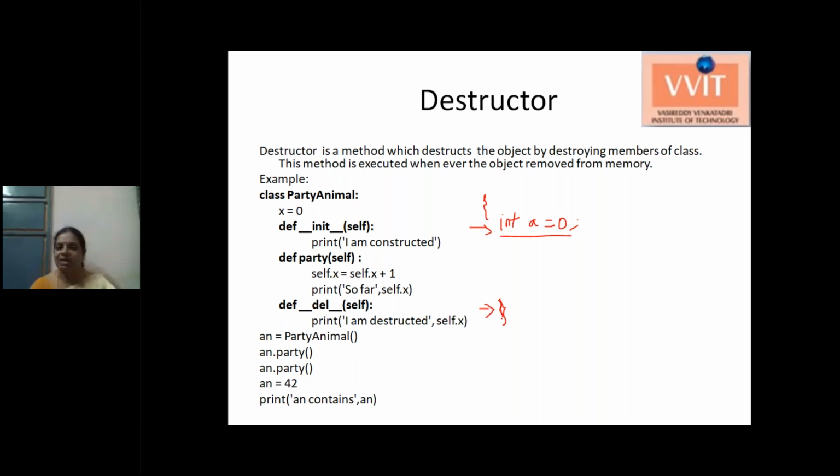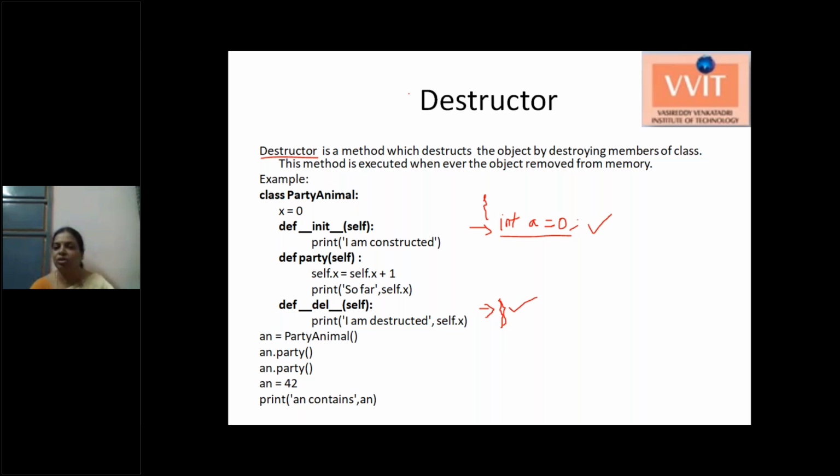In the same way for classes also. Whenever an object is created, that is a construction. Whenever that object's scope is ended, it is destroyed from the memory. So at the time of destruction of the object, if you want to execute any code, then you can use the destructor method. So destructor is a method which is executed at the time of destroying the object.